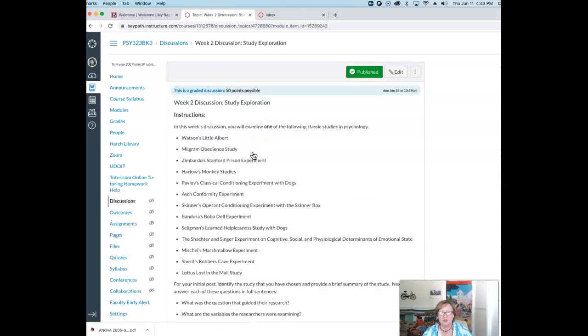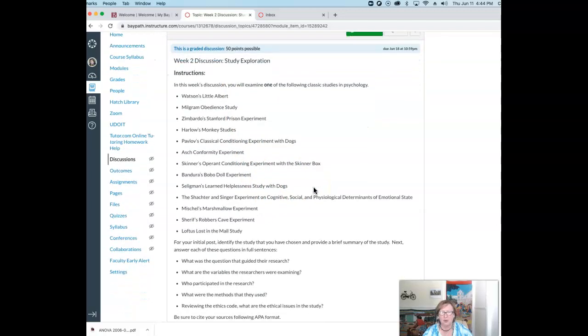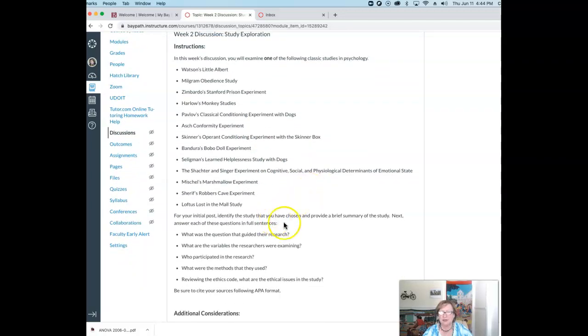What we're going to do is explore some studies to give ourselves ideas of how studies are conducted, and take another look at some of the fabulous studies, some of the classics out of psychology. For your initial post, identify the study that you have chosen, give a brief summary of the study, and then answer these questions in full sentences.